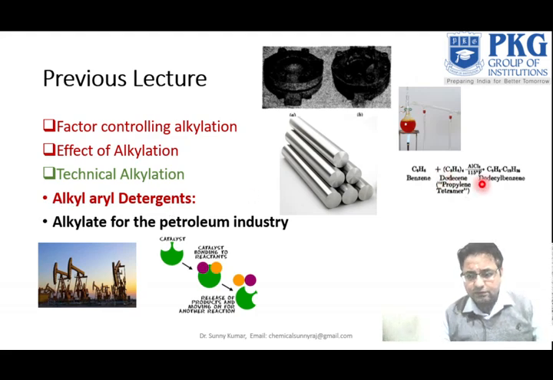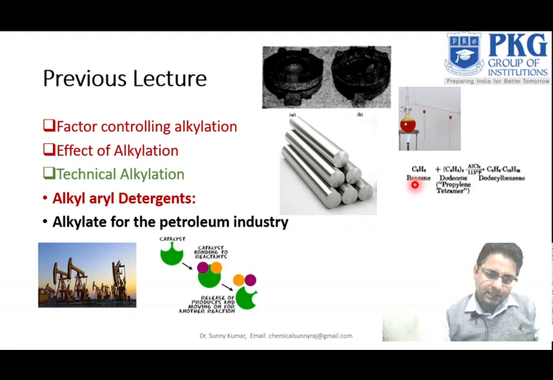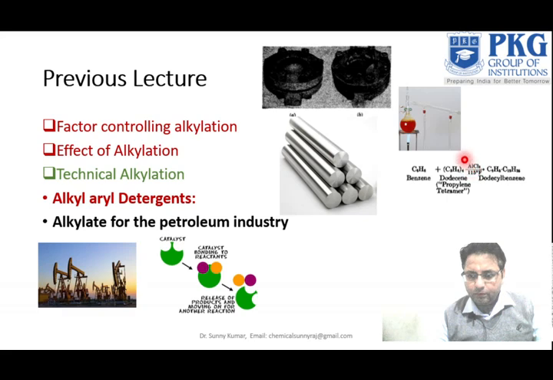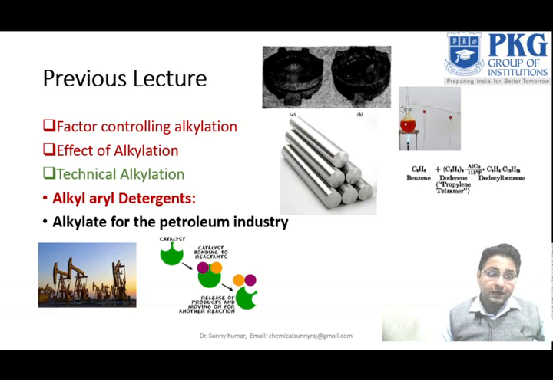In this reaction, if you see here, the main reactants are benzene and dodecene, which in the presence of aluminum chloride at 150 degrees Fahrenheit will produce dodecyl benzene. After producing this dodecyl benzene, we directly send it to the sulfonator chamber, and then the neutralizer.